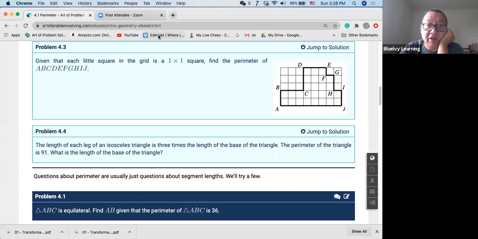So the length of this rectangle equals 8. Then the width, 1, 2, 3, 4, 5. This is 5. Then the perimeter of this rectangle equals 8 plus 5, then times 2, right? That gives you 26.